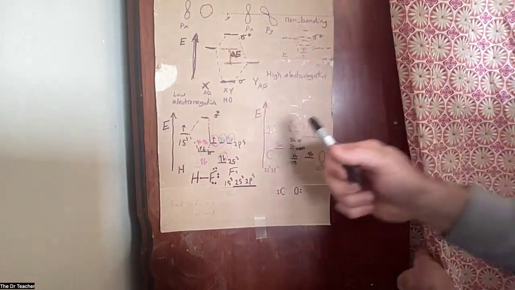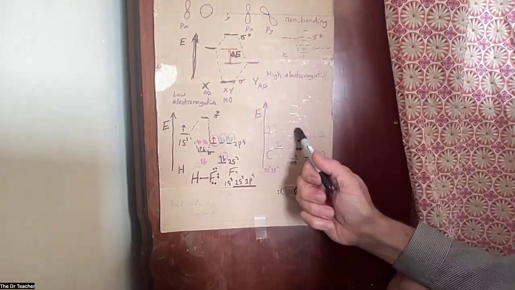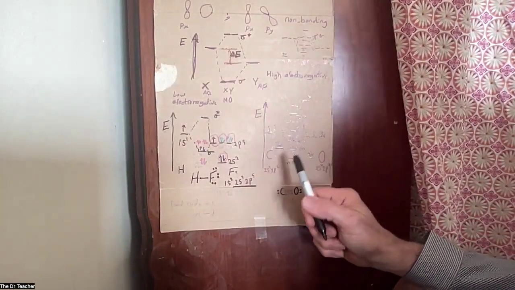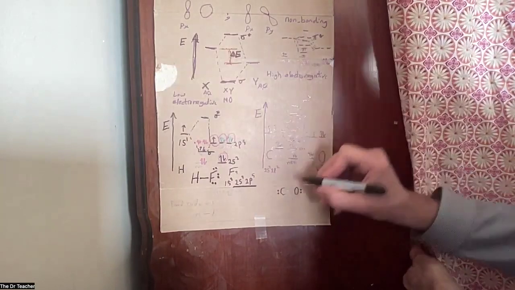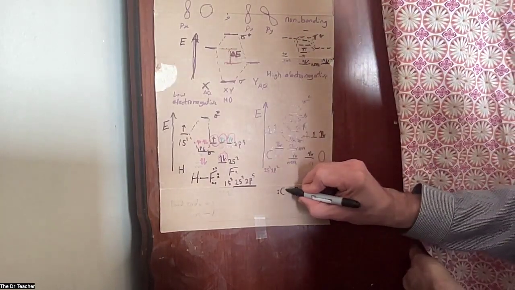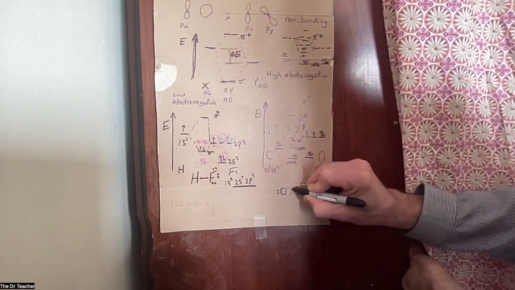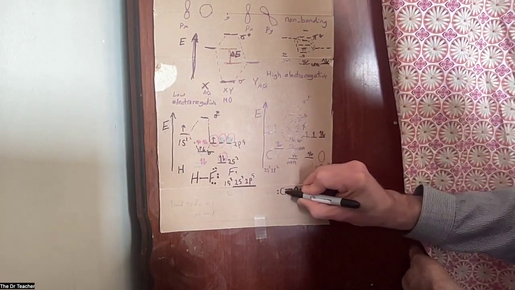Okay, so now I have 6 electrons here, and the bond order will be 3 because of the 6 electrons. So I have to put the 6 electrons here and draw lines between them. And I can see a triple bond is there.